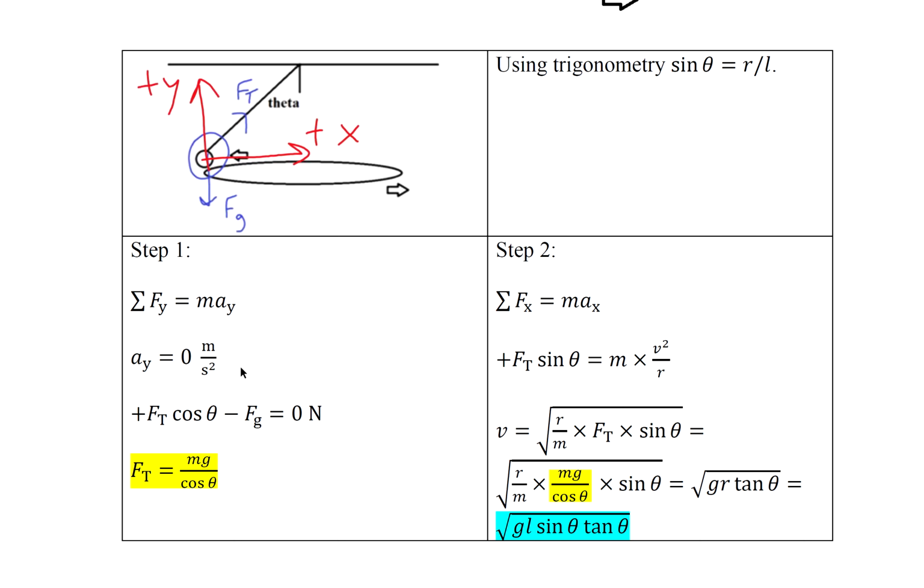So we know using trigonometry, sine of theta is equal to r over L. And we could substitute this F_T here. And then we know that v equals the square root of g L sine theta tangent theta.